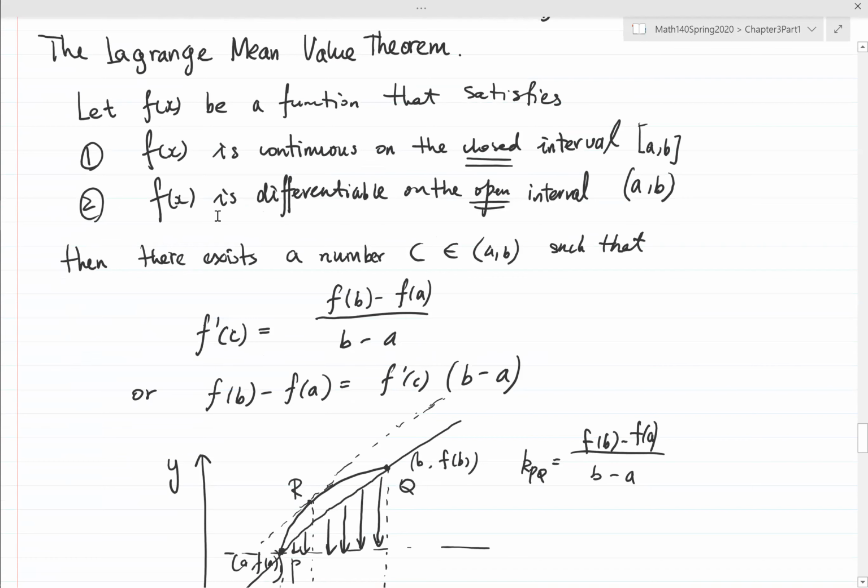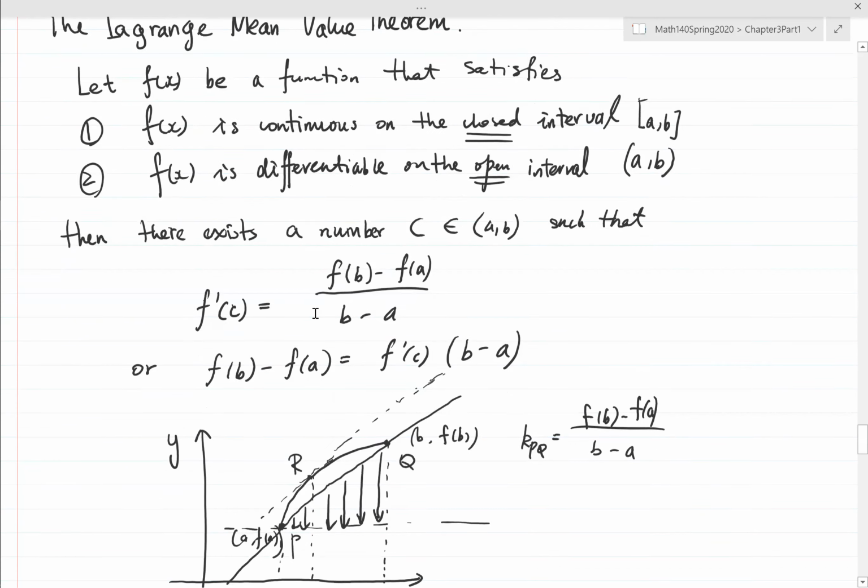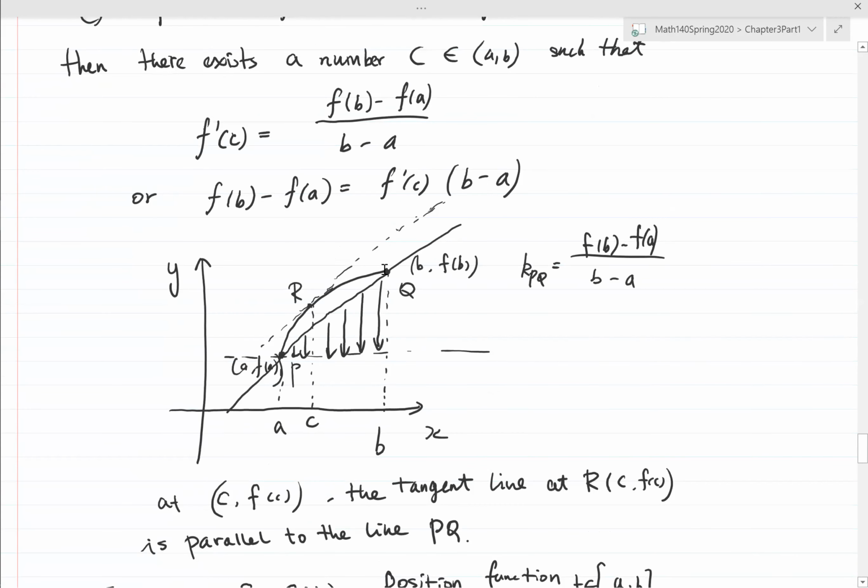Then the conclusion is the derivative at c equals the slope of the line: if we connect the two endpoints, then we get a line PQ. Then the derivative at c is equal to the slope of the line PQ, i.e. the slope of the tangent line is the same as the slope of PQ, i.e. the tangent line at the point R is actually parallel to the line PQ.